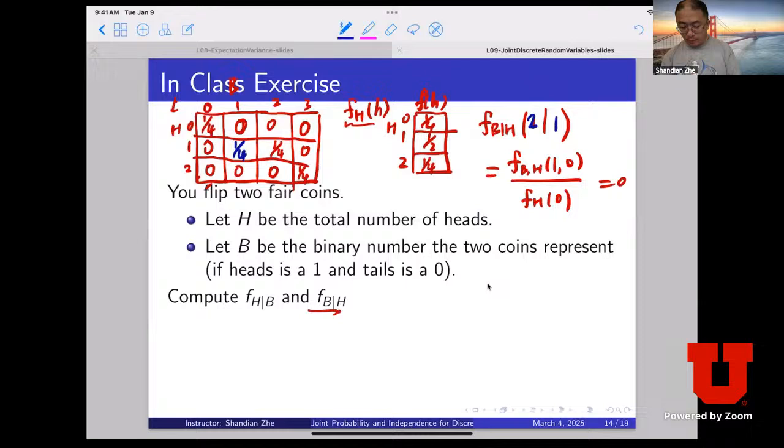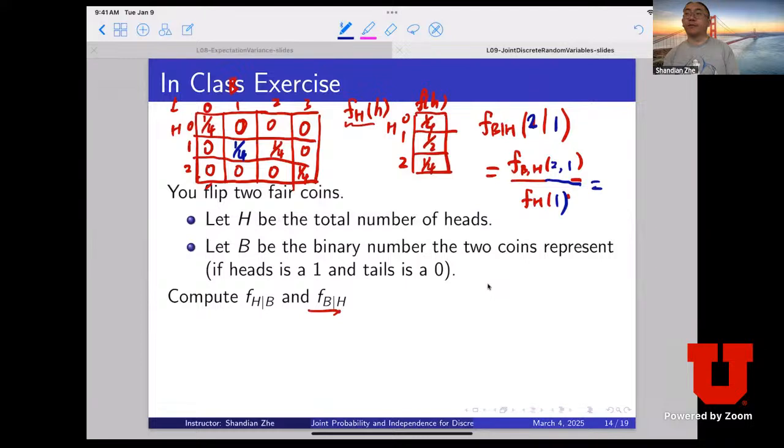Again, we just leverage the definition. We divide the joint density where B is 2 and H is 1 by the marginal density of H where H is 1, right?